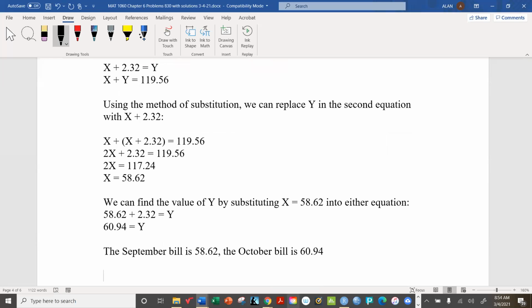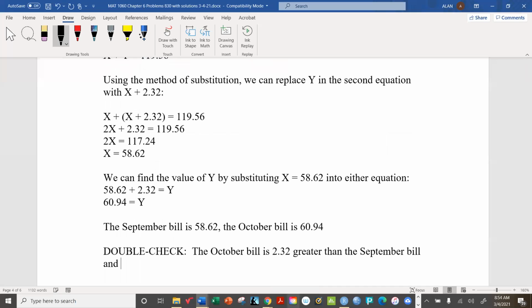Okay, and you can see, double check. The October bill is 232 greater than the September bill, and the sum of the bills is 58.62 plus 60.94, which we add up with a calculator, is 119.56 as we require.